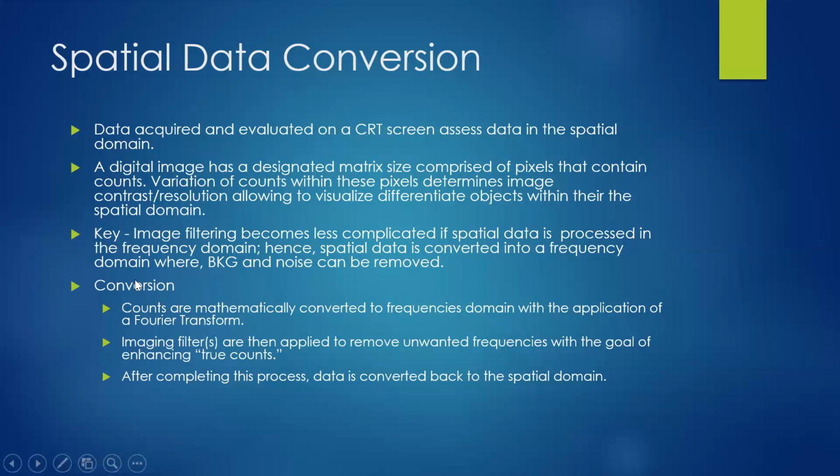It is mathematically converted into the frequency domain by an application referred to as the Fourier transform. Images are then filtered, the background is taken out, the high frequency noise is taken out, and then it is reconverted back into the spatial domain for our assessment to see if there's disease, normal tissue, etc.